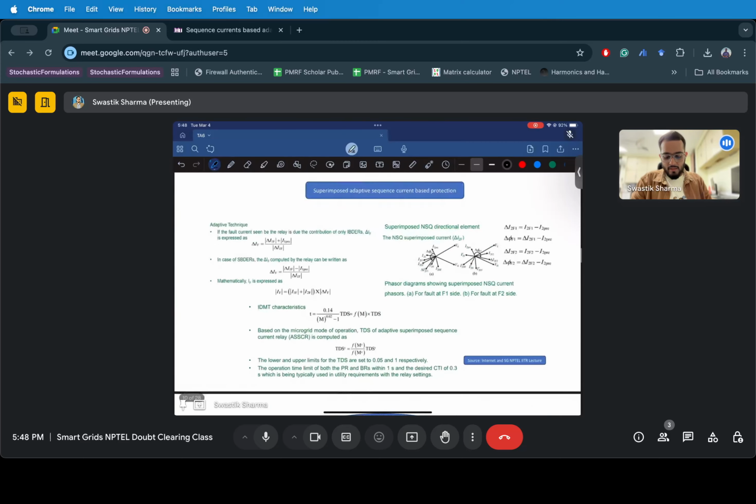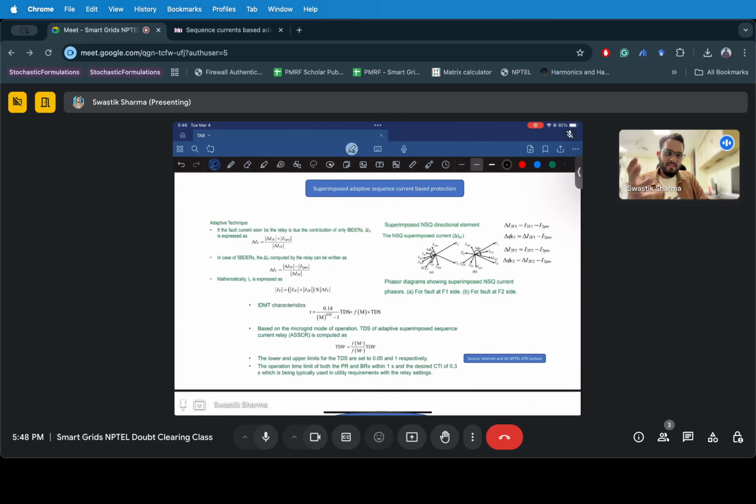So anyways, let's say you got the direction right and now you have the direction. What you need to do is sense the fault current contributed from the synchronous-based DER, which is different from what is sensed by the inverter, right?